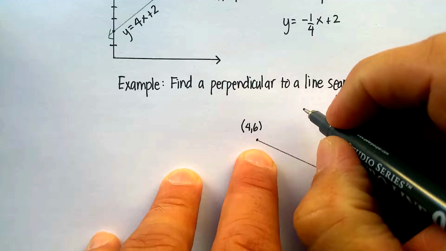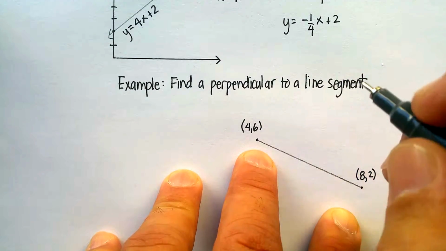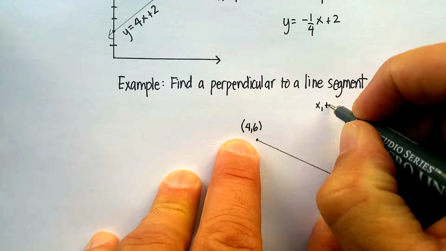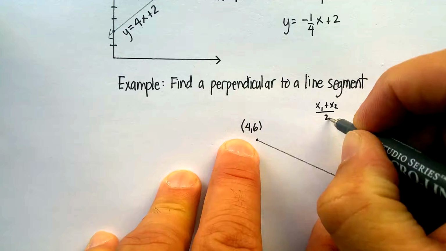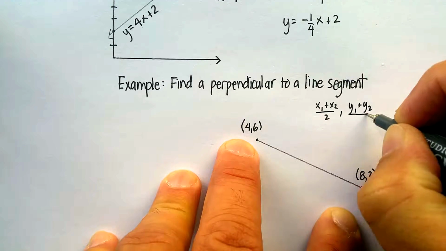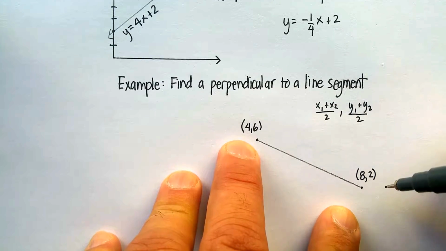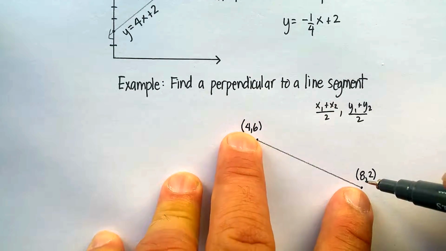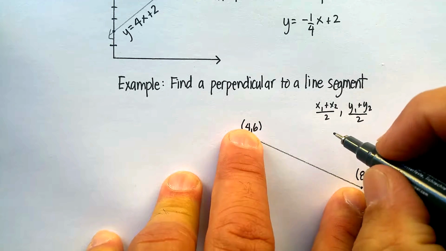And remember that the midpoint equation is x1 plus x2 over 2, y1 plus y2 over 2. And in this case, it's really easy to figure out, right? So if I just add the x's, 4 and 8, you get 12. 12 divided by 2 is 6.